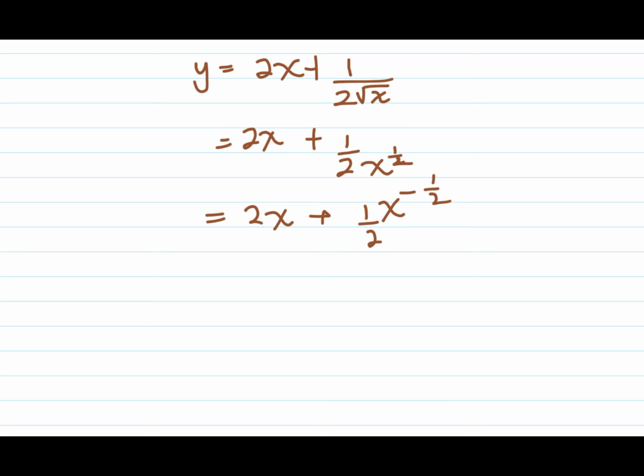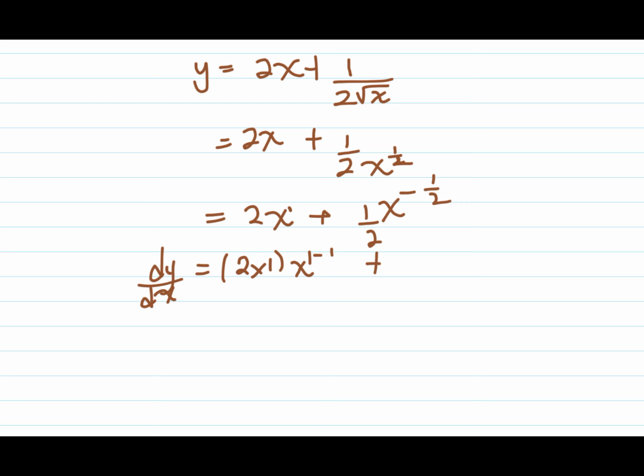And then, of course, we use the rules of differentiation. So now dy/dx. Here, it's going to be 2 times 1. We do have a 1 there. And we have x to the power 1 minus 1, right?